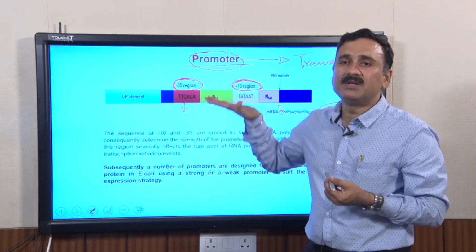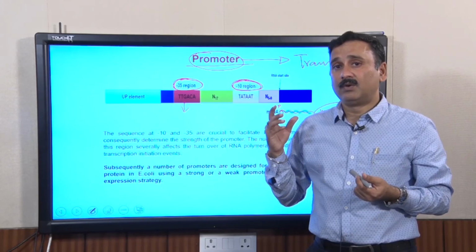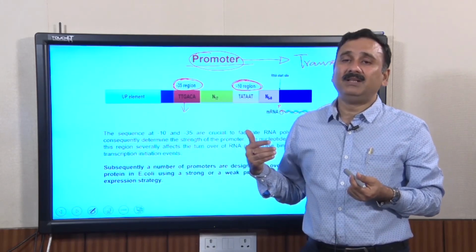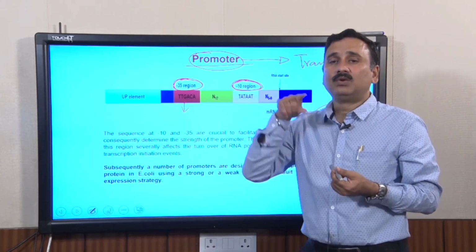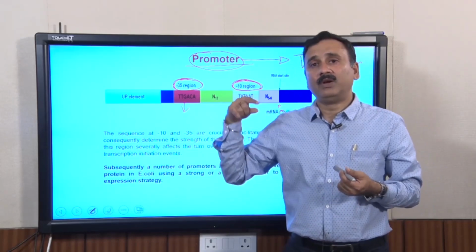In the weak promoters, the -35 and the -10 regions will not facilitate the RNA polymerase binding that strongly, and because of that the number of cycles through which the RNA polymerase can bind to the promoter is going to be low.